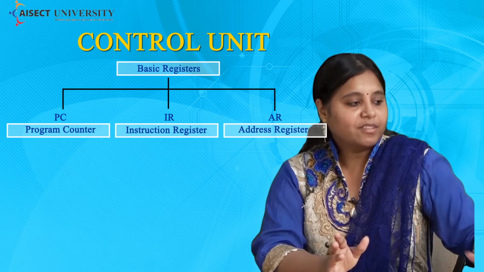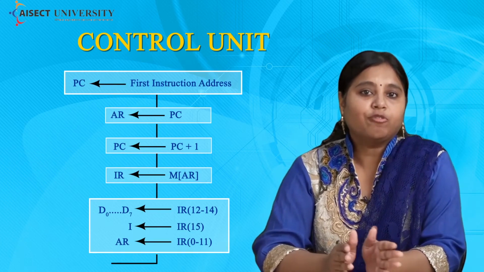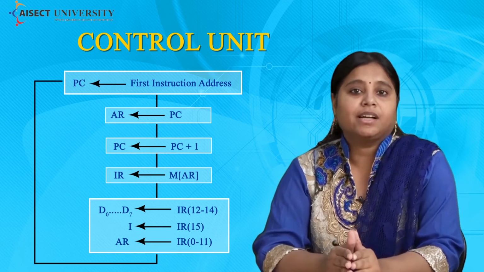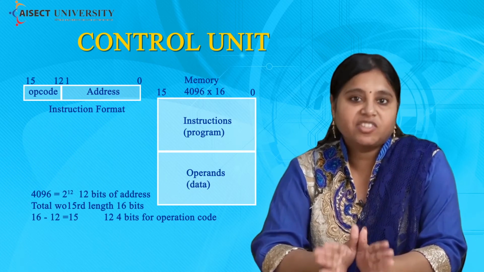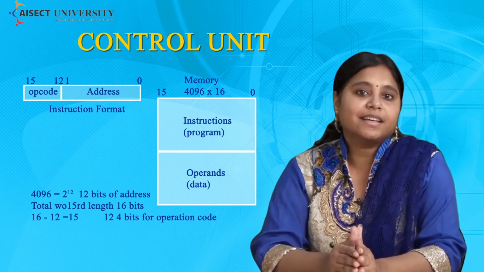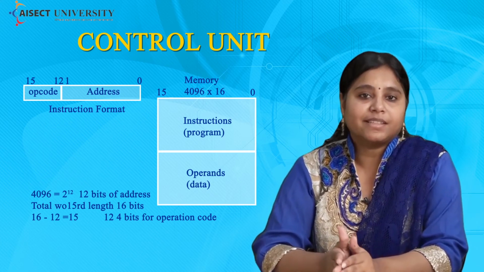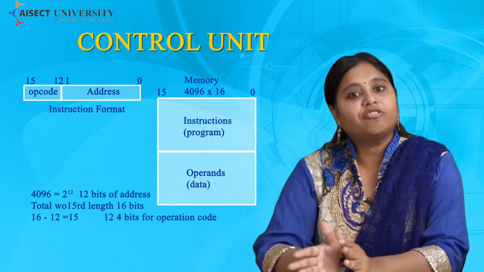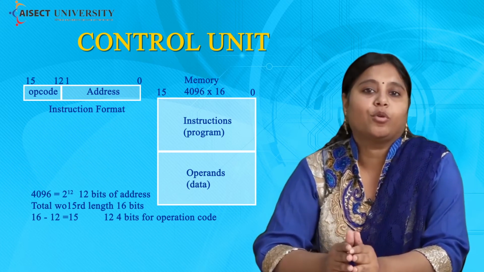Now we see the instruction here. The memory contains 4096 words of 16 bits. For this basic computer, the instruction format is 16 bits, in which the address is 12 bits. Why 12 bits? Because 4096 is equal to 2 to the power of 12. So 12 bits are used for the address and the remaining 4 bits for the operation code.